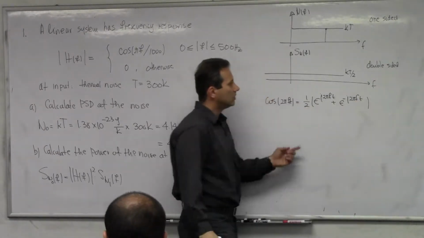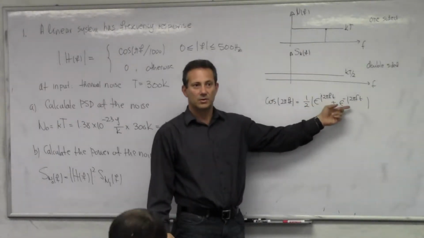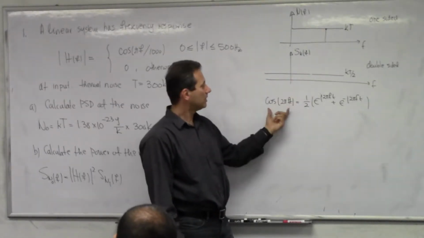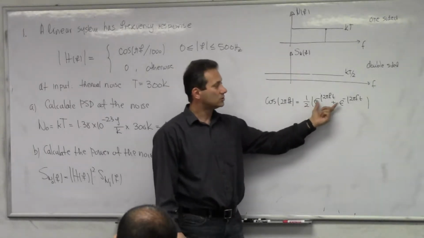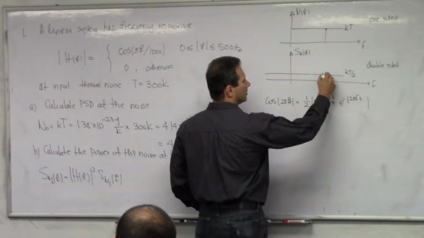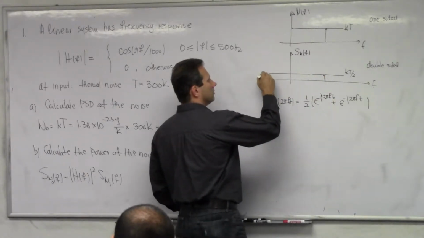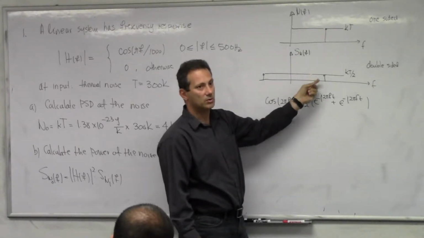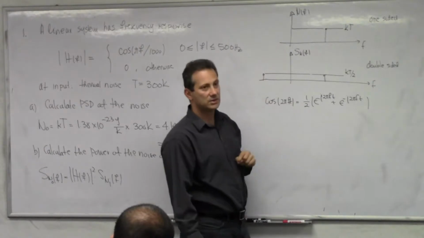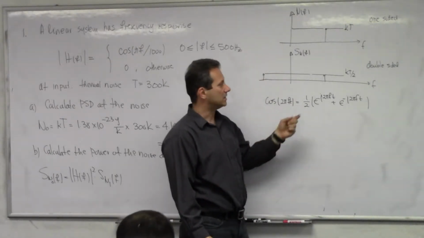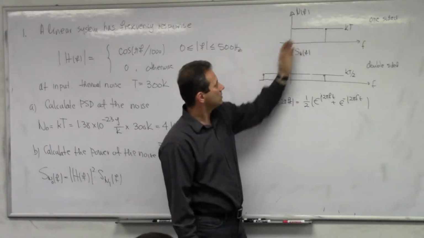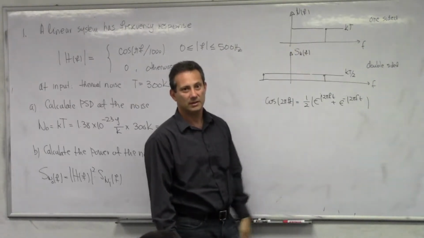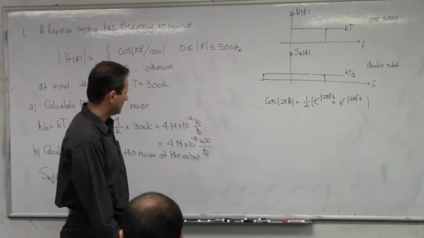So there are these two exponentials, one going at plus f and the other at minus f. These are what we plot when we plot double-sided. We're not plotting the whole cosine, but these two exponentials, one here and the other over there. So every noise component in a one-sided representation can be decomposed into two exponential components in the double-sided representation at half the magnitude. To get the other side, you take this axis, flip it over, and add it.